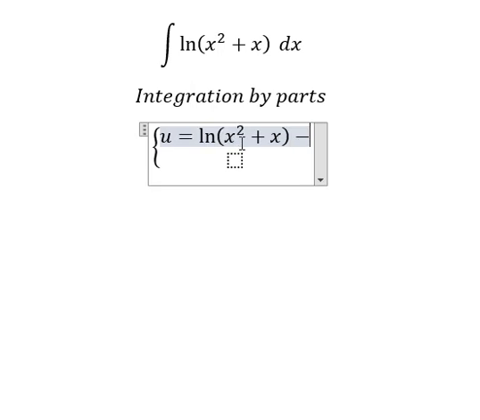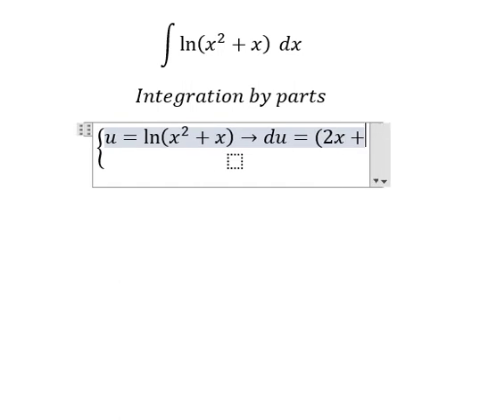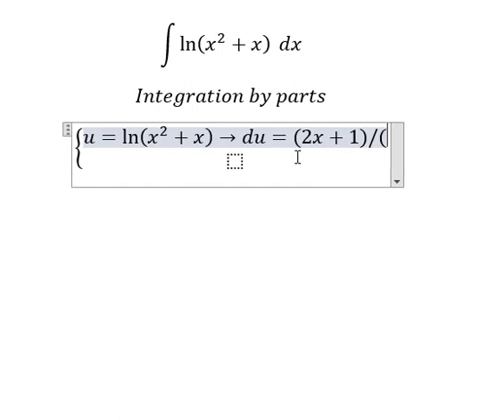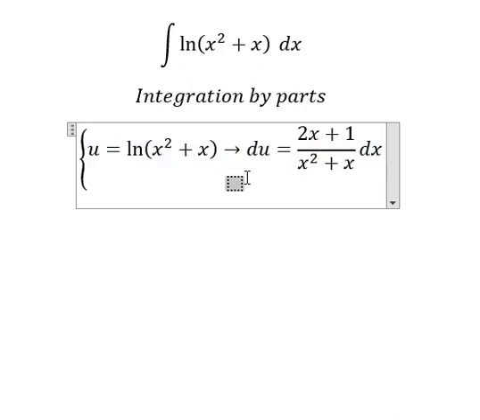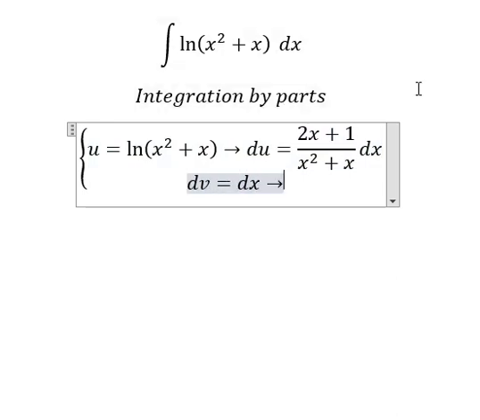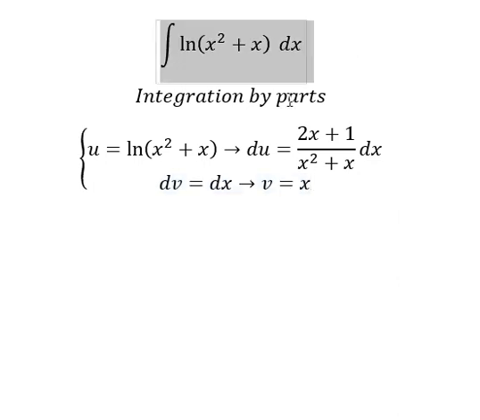So if we do first the derivative of this one, we have like this. dv, that is about ds. The integration of this one, we have v equals to s.